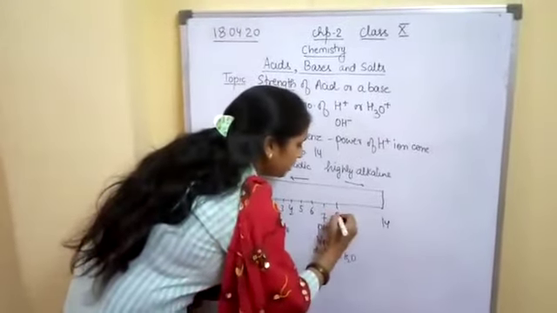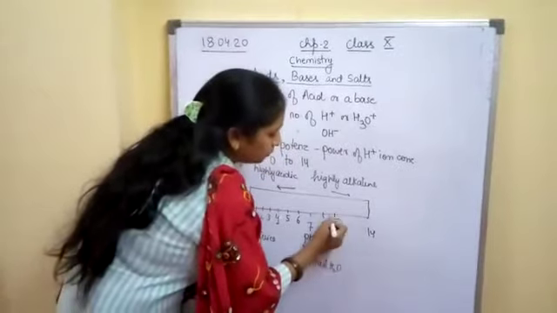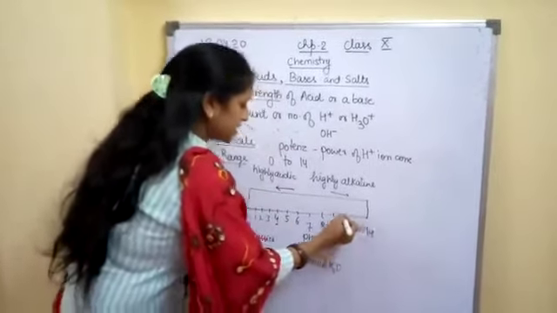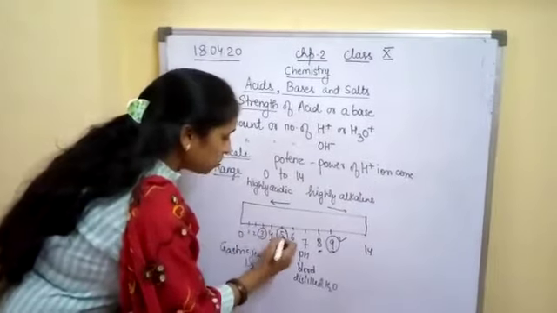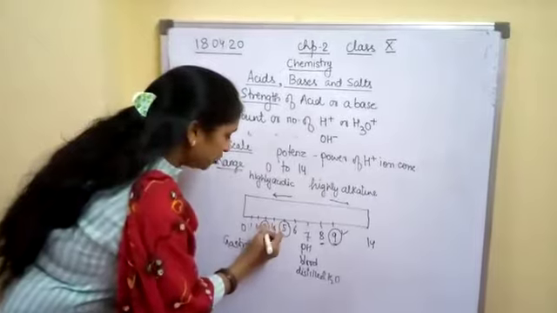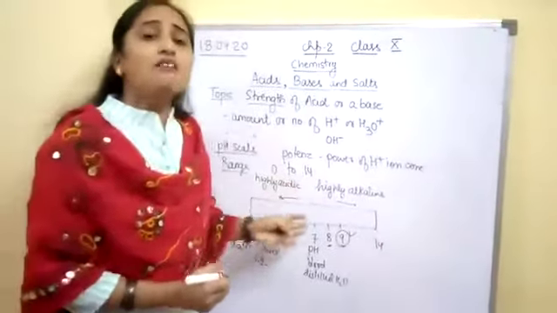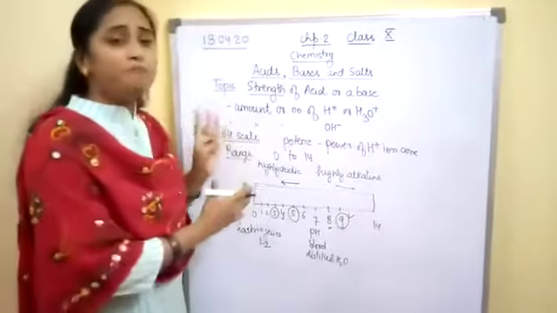If I compare two bases, pH 9 will be more basic. And if I compare 5 and 3, which will be more acidic? The one moving this side, that means the 3. That means it is the power of hydrogen; the power of hydrogen ion concentration defines the pH scale.